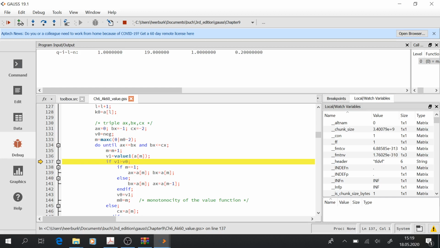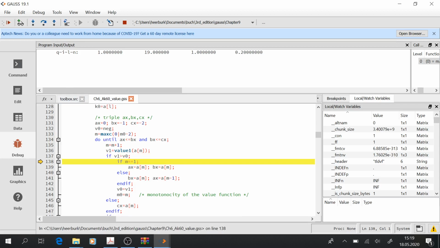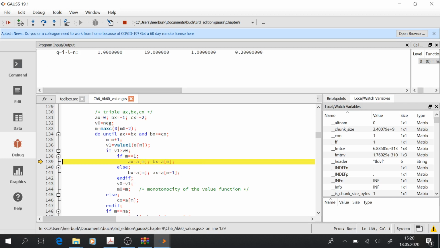Well, this is computed with the help of value A1, and it's minus 16.69. Again, this is higher than the high negative, minus 10 to the power 10. So we allocate this, 0 becomes our new maximum, and we save the new lower interval limit of our golden section search equal to A of 1, our low point 0.